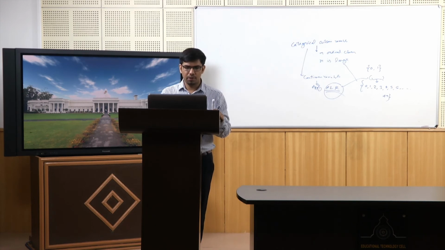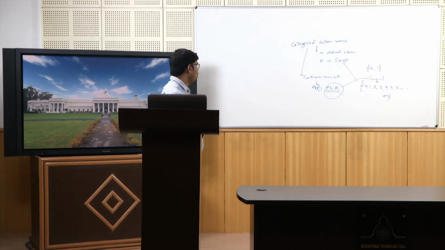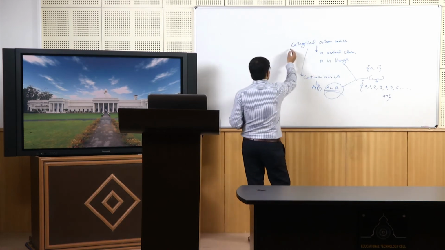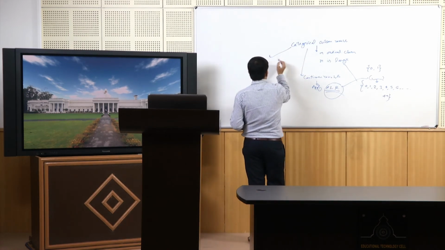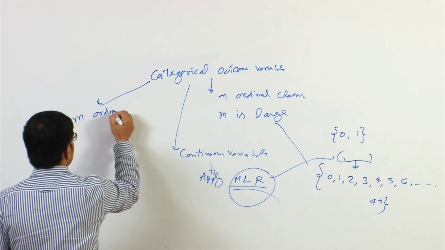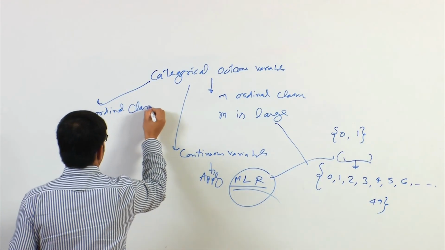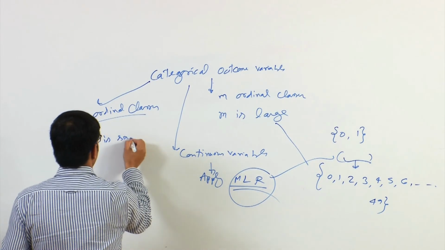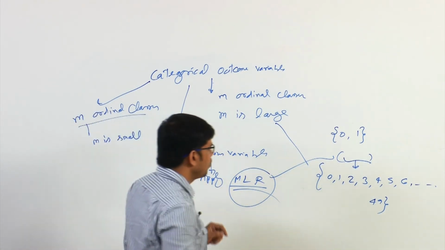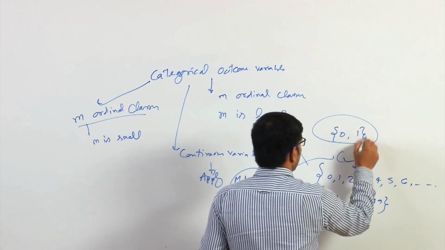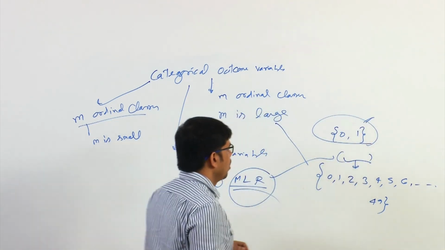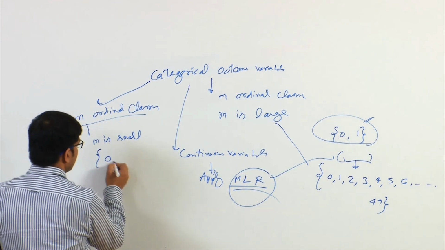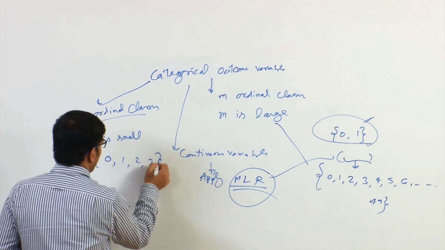The second one is, what if we have a small number of ordinal classes? If m is small, then we will probably run into the same problem as in binary classification. We will have only a few values, 0, 1, 2, 3, let's say.